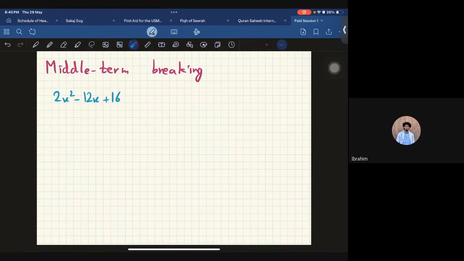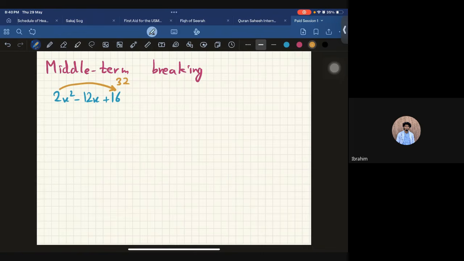So an easy way of thinking about how to do this is that you multiply the first and the last numbers. So 2 times 16, which gives you 32. Okay? Now think of two numbers that when multiplied together will give you 32.